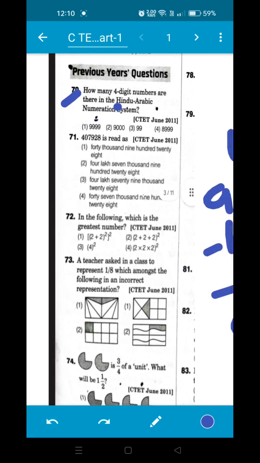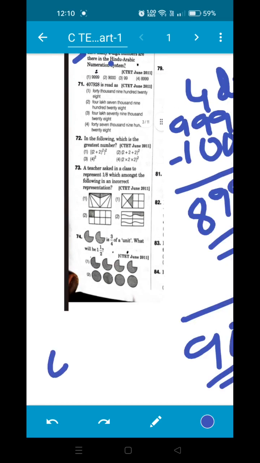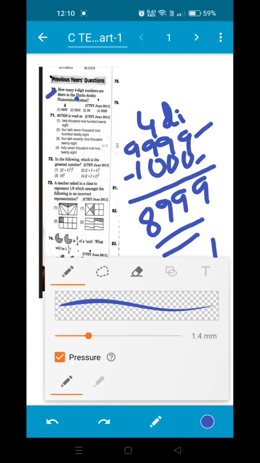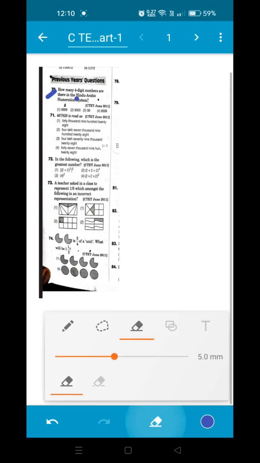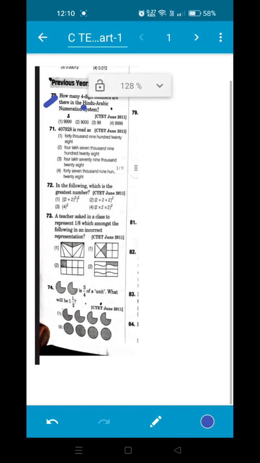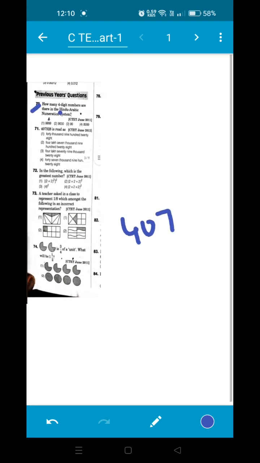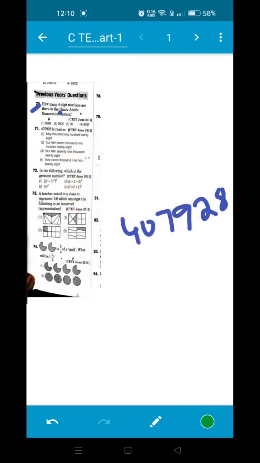Here, how to read this number? You have to keep the commas, then we can identify how to read. The number is 407928. We should read it either in the Indian system or the international system. So keep the commas first.